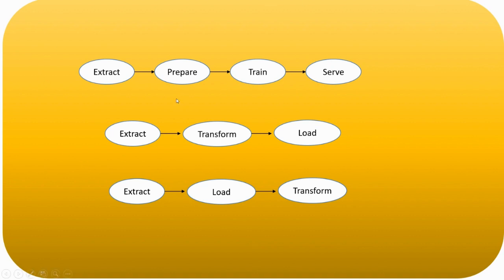Globally, you can remember ETL and ELT as the process we are going to do. But as a whole, you can remember: first we are going to extract, and then we are going to prepare. Prepare is similar to the transformation itself.